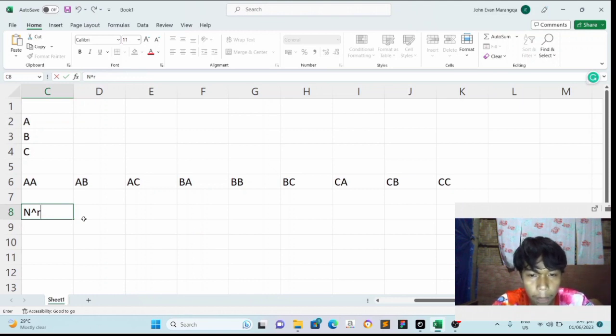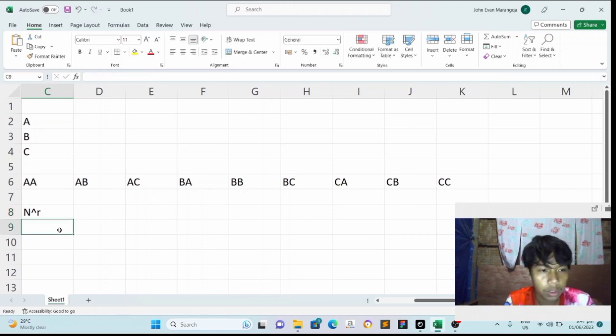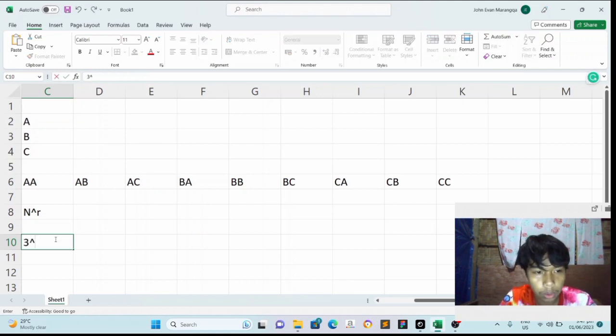Applying the formula, we have 3 raised to 2, which equals 9. Therefore, there are 9 possible arrangements when selecting two objects from a set of 3 with repetition allowed.